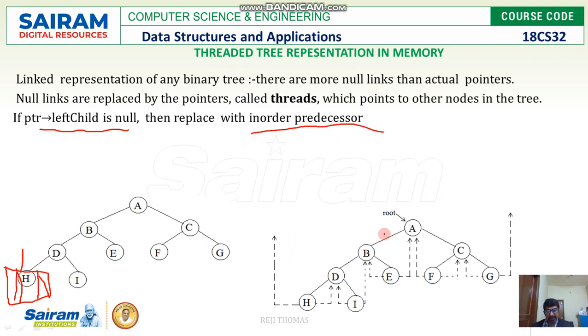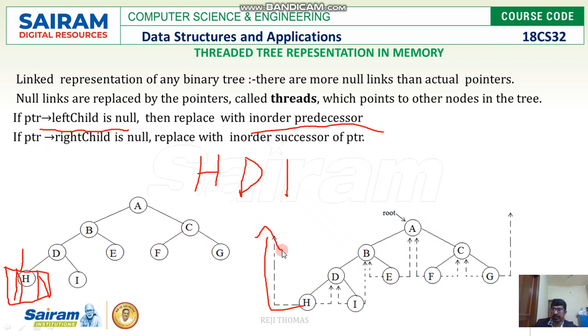When you traverse a tree, first you have to find how we can traverse a given tree in-order. So when you traverse this tree in-order, H is going to be the first node in-order. You have to visit the leftmost one, then the root, then the right. This is going to be H, D, I. But for the given node H, there is no in-order predecessor, so it is going to point to a dangling pointer.